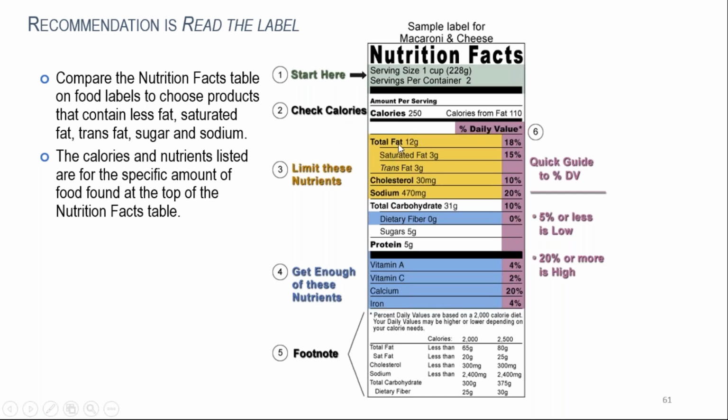Limit these nutrients which are in yellow. Get enough of these micronutrients. Look at how much it covers of your percent daily value. 5% is less, 20% or higher is more, and also see on what basis these calculations are made.